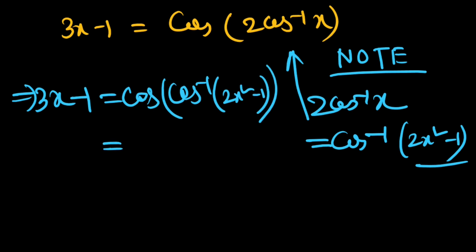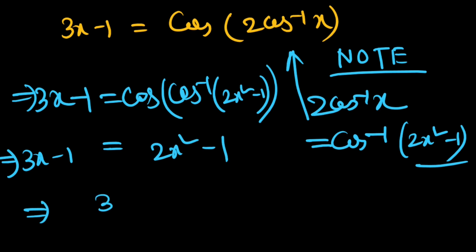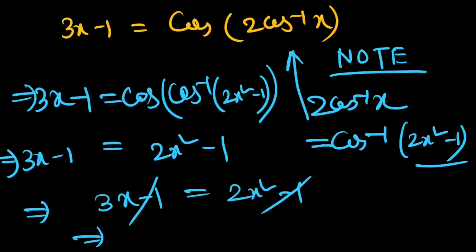Therefore this cos and cos inverse are cancelled. This implies 3x minus 1 is equal to 2x square minus 1. Therefore we got this equation, 3x minus 1 is equal to 2x square minus 1. The minus 1 terms are cancelled. Therefore 2x square minus 3x is equal to 0.